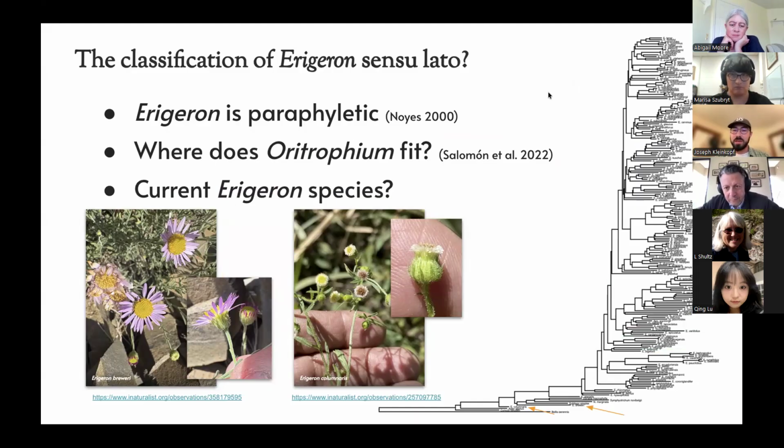But this columnaris species, in the right picture, has some characteristics of like a Conyza or something else that make it less likely to be an Erigeron. So again, it'd be interesting to look at all of these species that we have and put them into a phylogeny using the sequence data that we're looking at, and see if we can reconcile morphology and taxonomy.